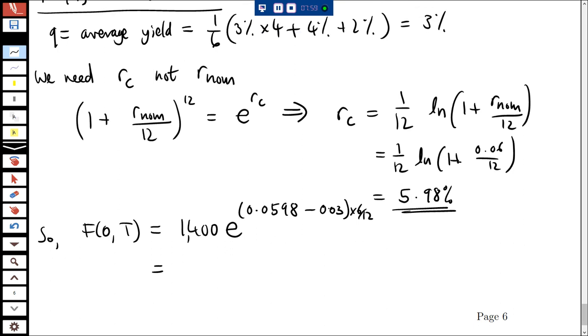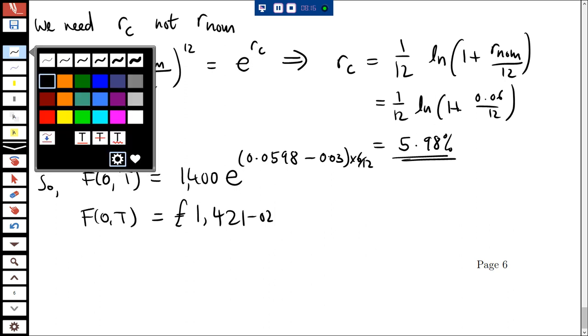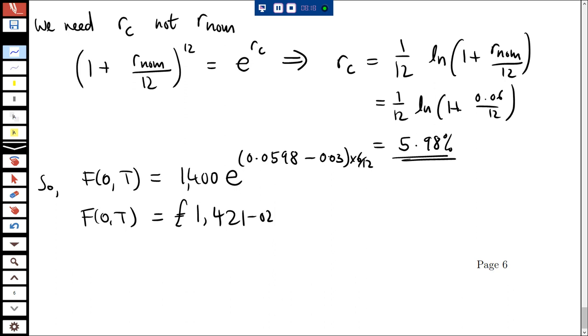After some number crunching, you will find the theoretical value is £1,421.02, which completes the question and I believe this week's tutorial.